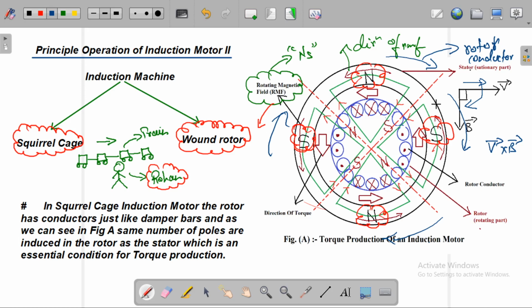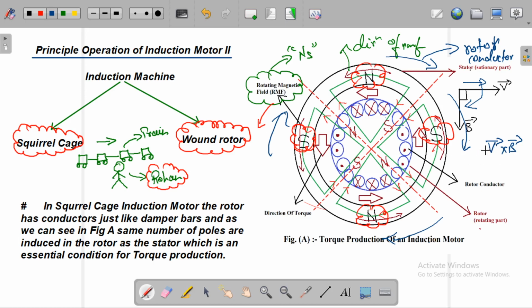When our thumb indicates into the screen or into the paper, that notation is called a cross notation. And when our thumb indicates out of the screen or out of the paper, that notation is called a dot notation. So cross and dot notation depends upon the velocity of the conductor or magnetic field.